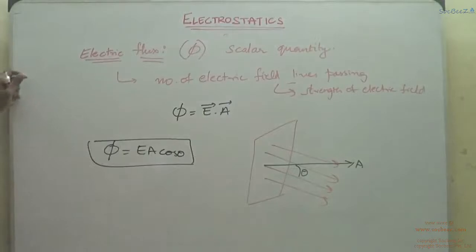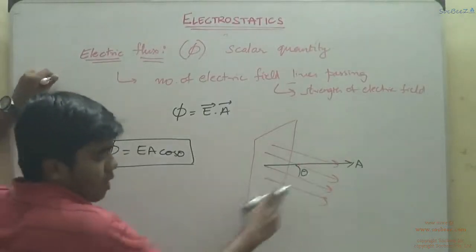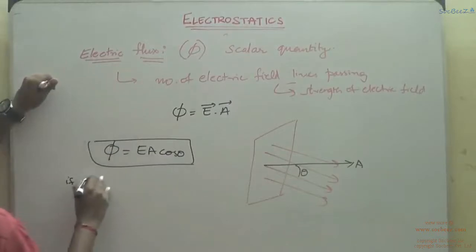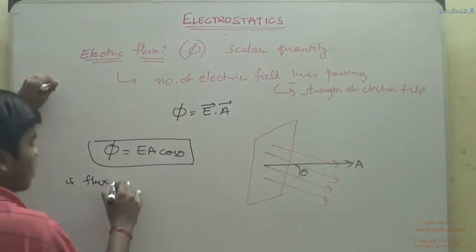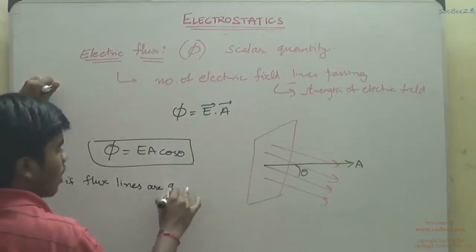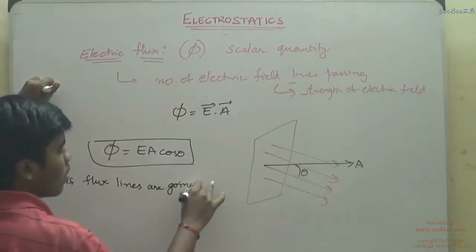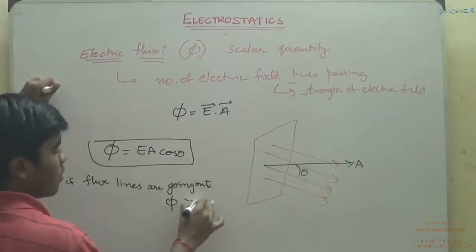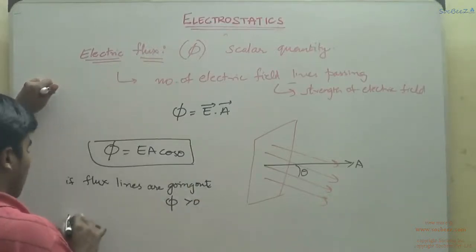Now consider the scenario. When will the angle be acute? The angle will be acute if the flux lines are going out, which implies the angle is acute, so phi will be positive. The flux will be greater than 0.